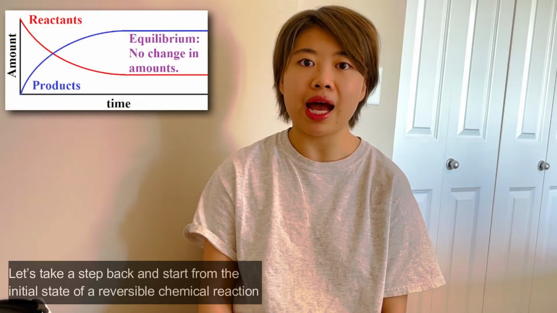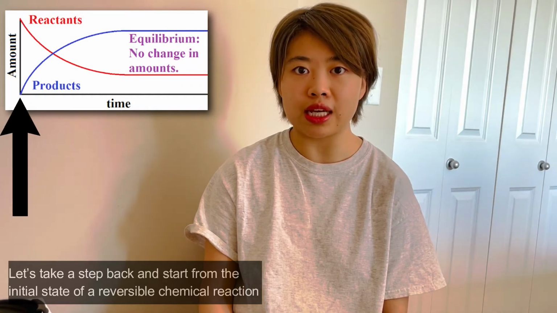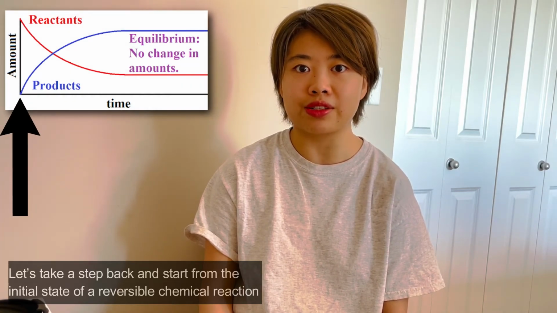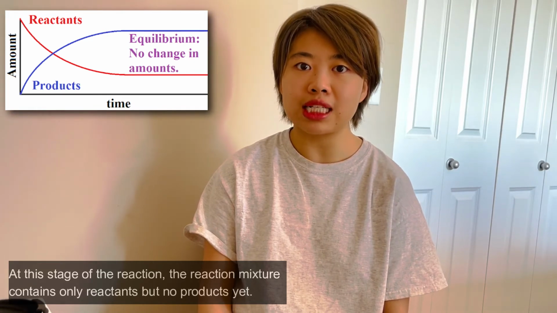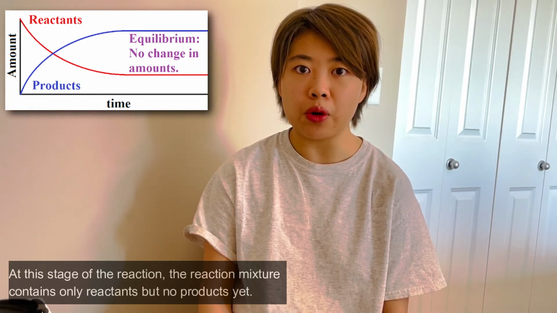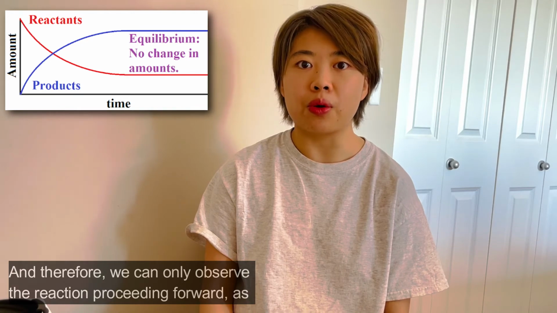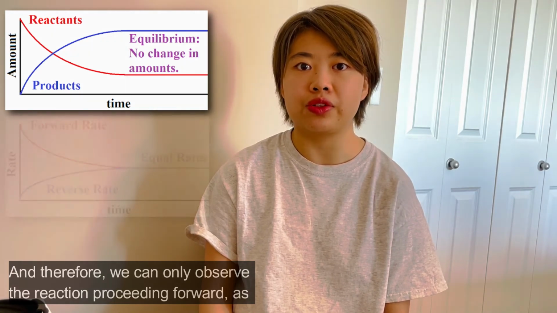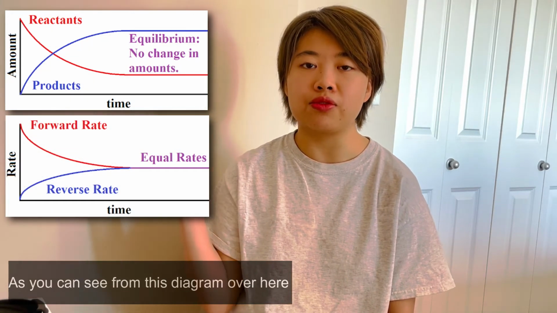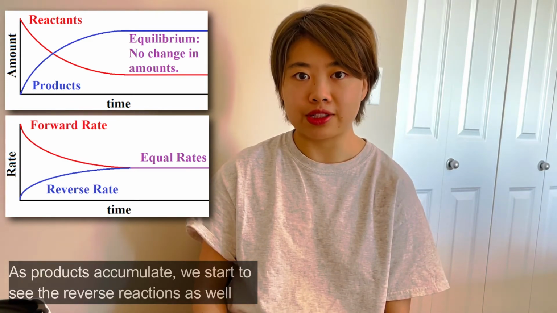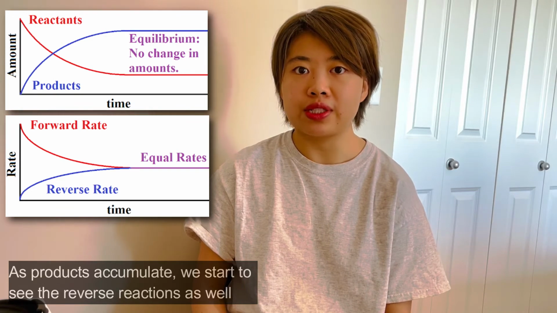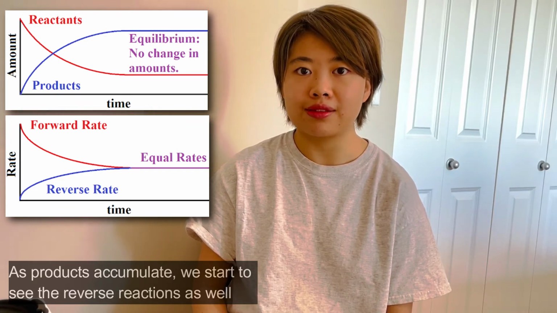Let's take a step back and start from the initial state of a reversible reaction. At this stage, the reaction mixture contains only reactants and no products yet, and therefore we can only observe the reaction going forward, as you can see from this diagram over here. As the product accumulates, we would start to see reverse reactions as well.